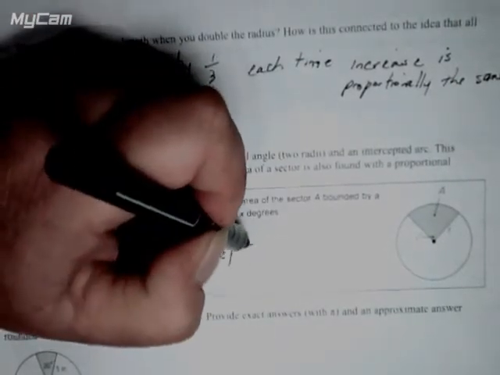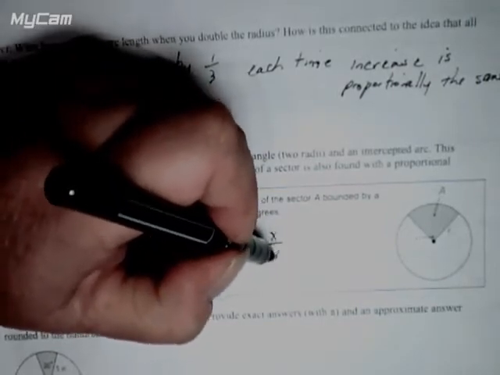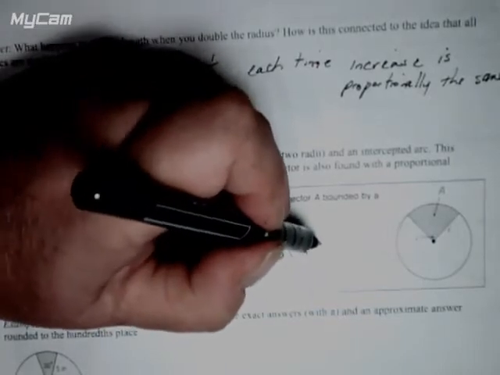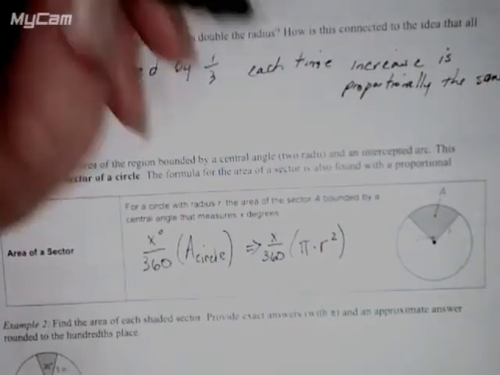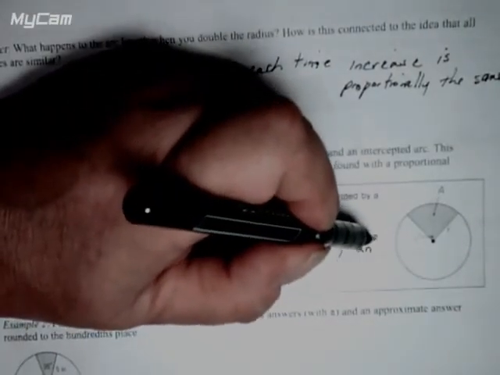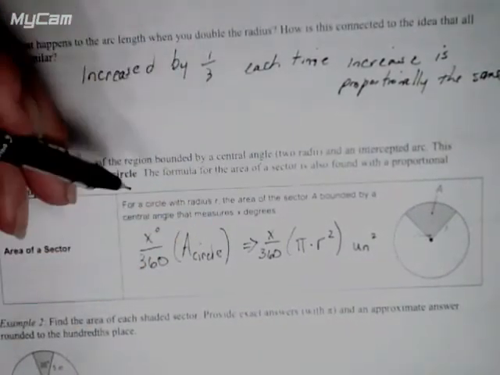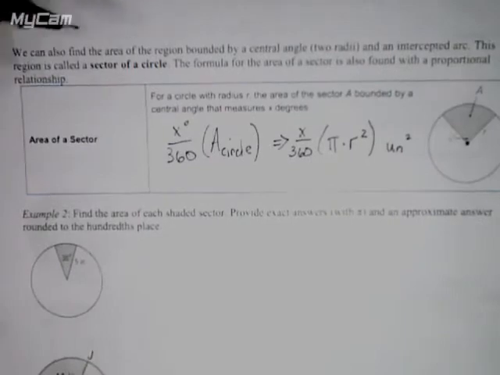And the area of a whole circle, I'm going to expand that out. The area of a circle is equal to pi times r squared, and then we have units squared. So sector area. Let's take a look at this problem, example 2.